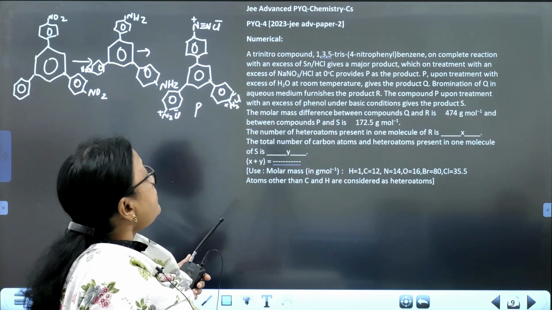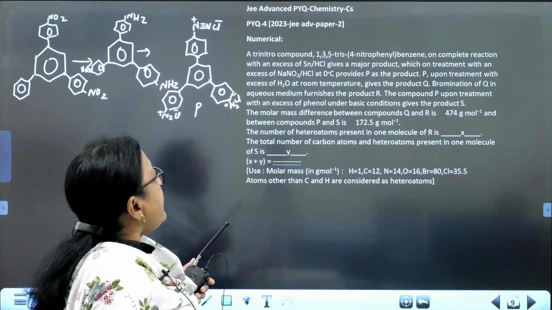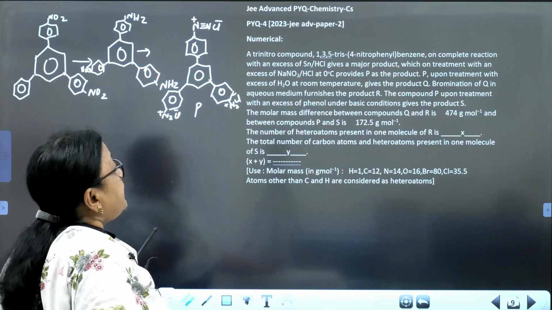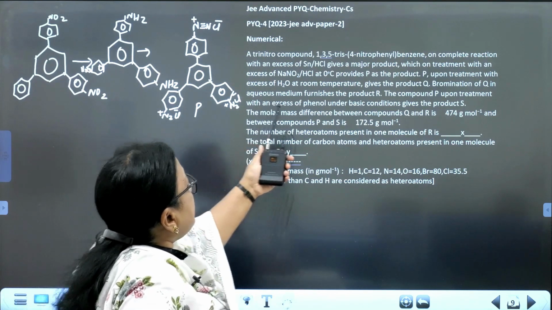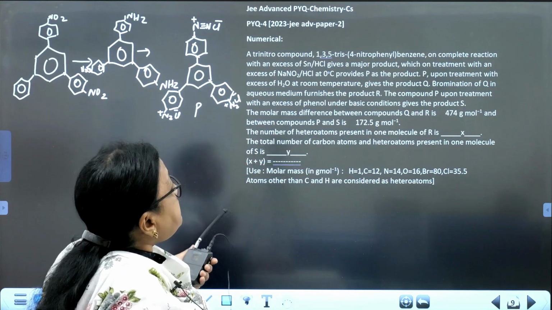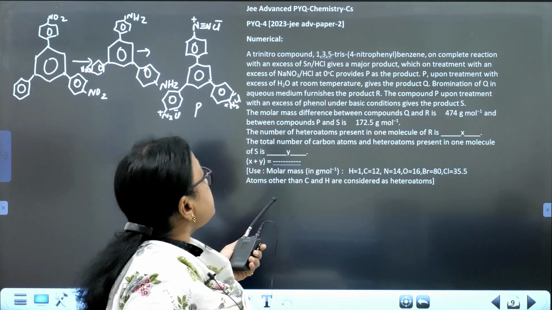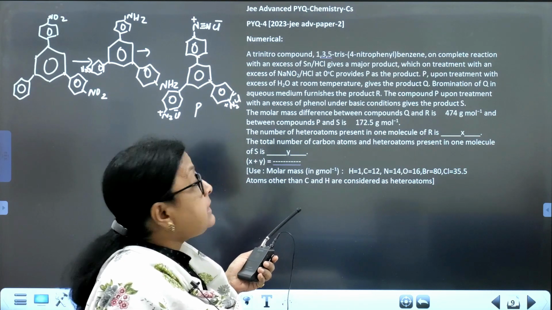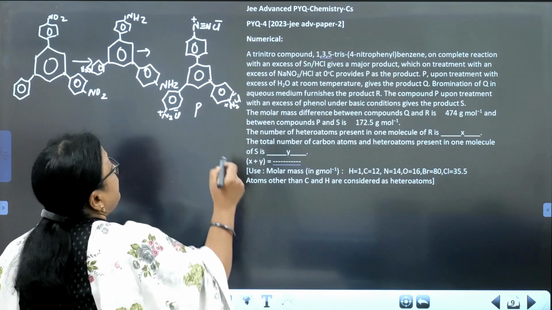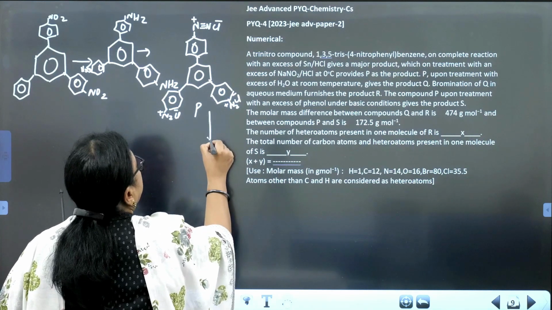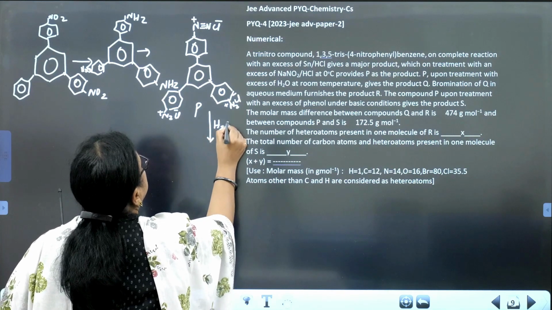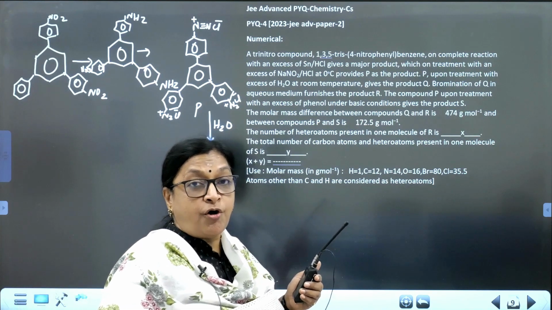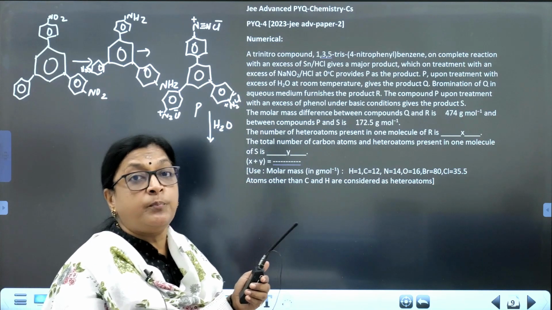P upon treatment with excess of water at room temperature gives the product Q. So we know benzene diazonium chloride at room temperature with water undergoes nucleophilic substitution of diazonium group by water.